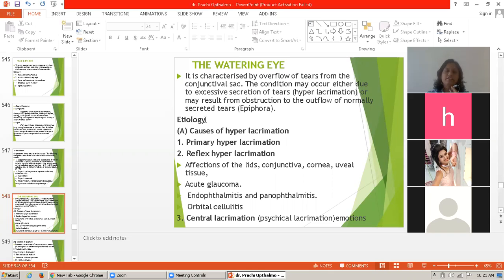So, in the etiology, there are causes of hyperlacrimation: first is primary hyperlacrimation, and second is reflex hyperlacrimation.